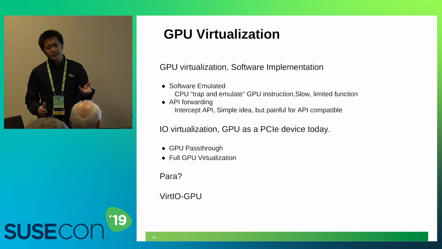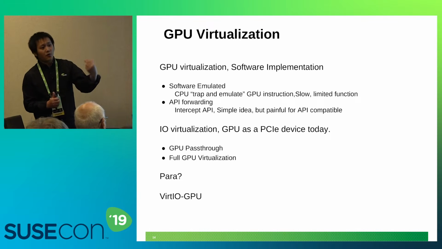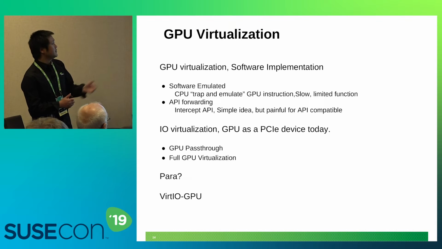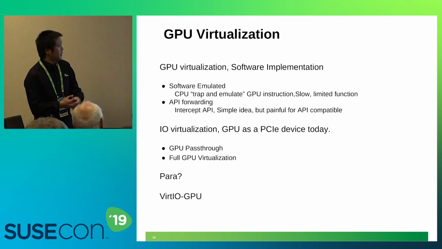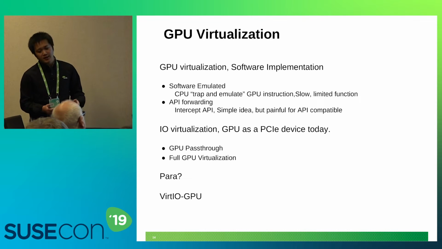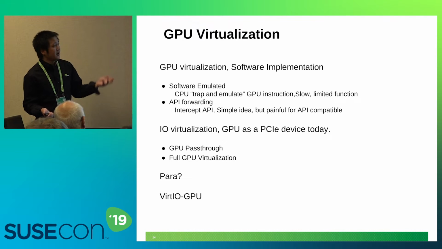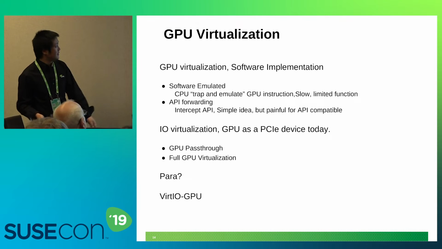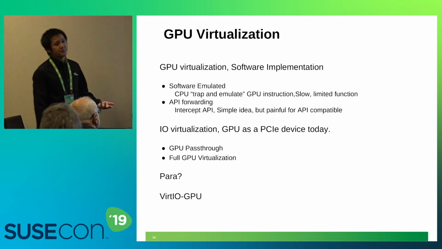Like in the VM, you intercept the API, the real command it's going to do, and then forward it to the host side directly. And then it's straightforward. It's much better than the CPU way. Only one thing: if the vendor changes their API, it becomes hell. You don't want to touch it. This is also not a choice for us for the machine learning part.